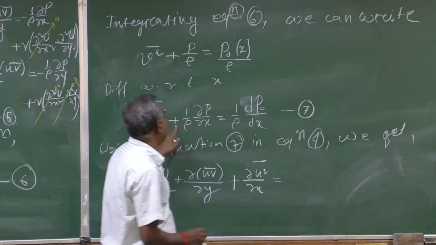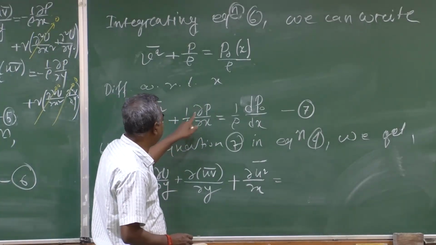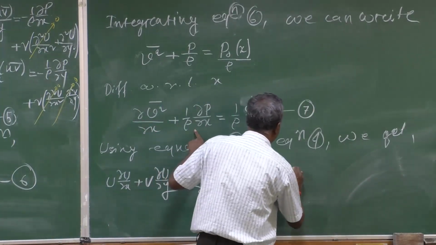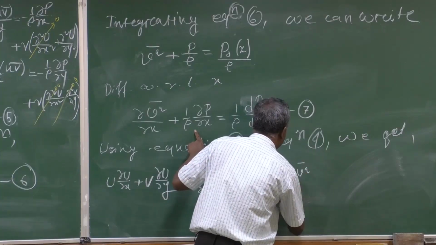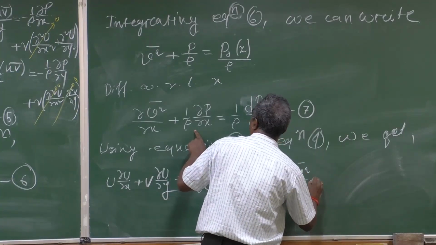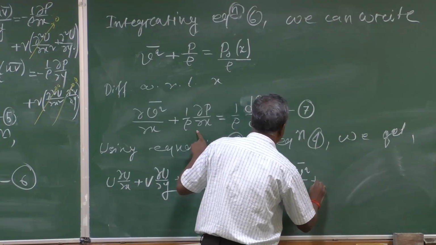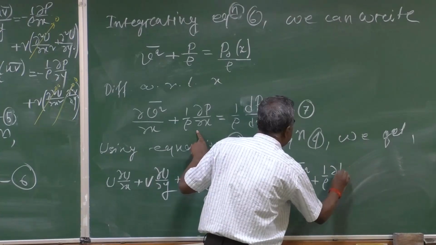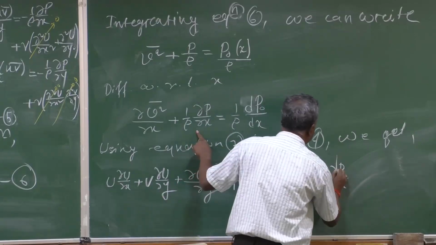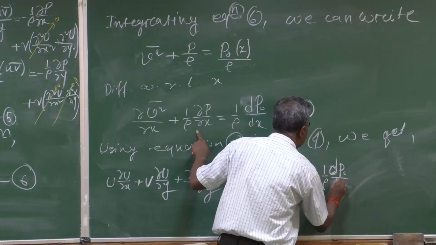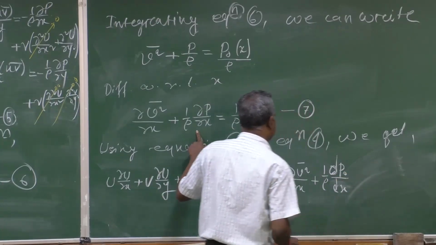So, minus of minus 1 by rho, this particular quantity can be obtained from this equation. So, v square bar del x. So, plus 1 by rho, sorry, this is dp, not dx.